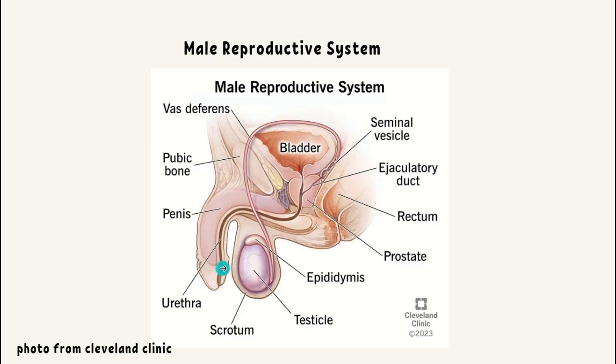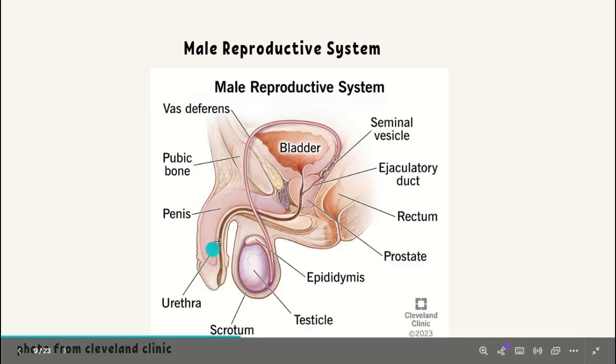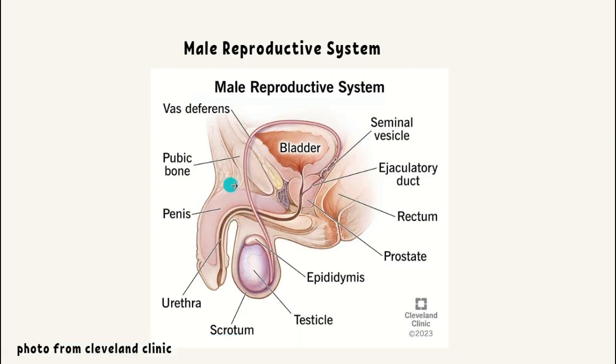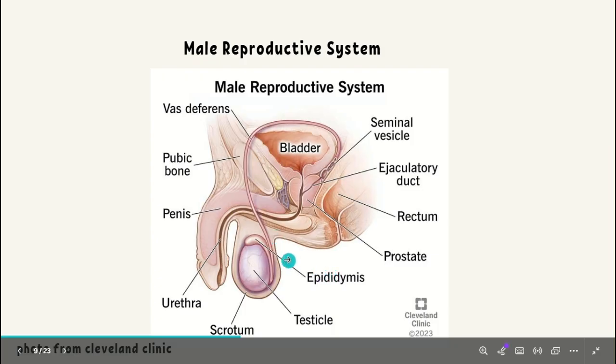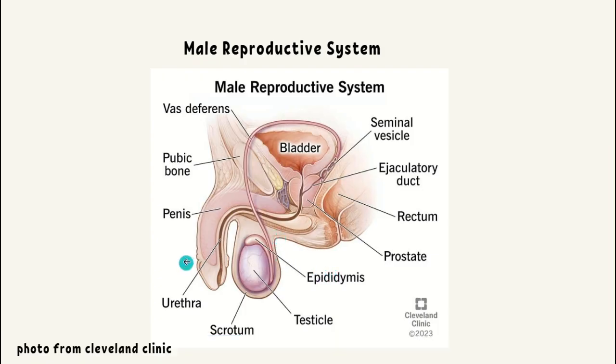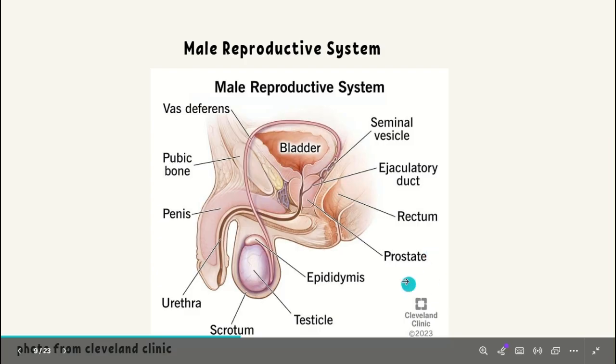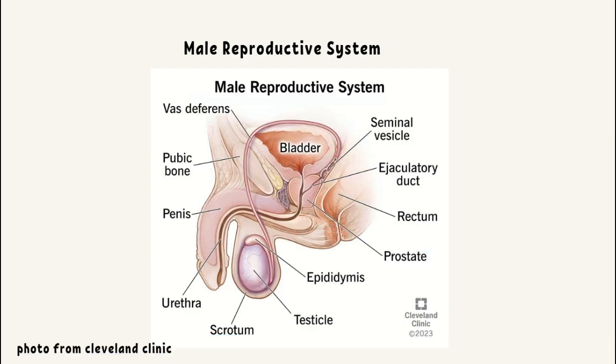And then the urethra here is what carries urine and semen out of the body, right? And then the epididymis, and let's talk about the prostate. So basically, it's a walnut-shaped gland that surrounds the urethra and adds fluid to the semen, right?